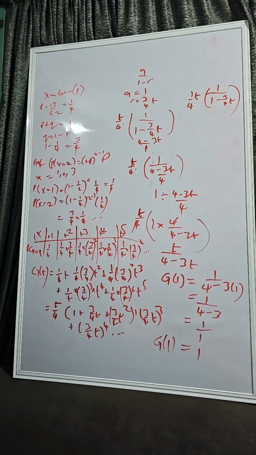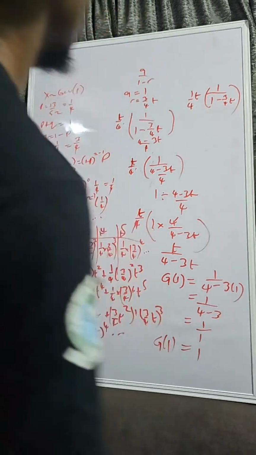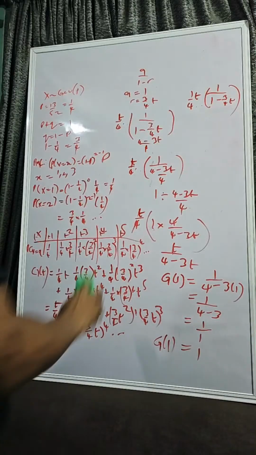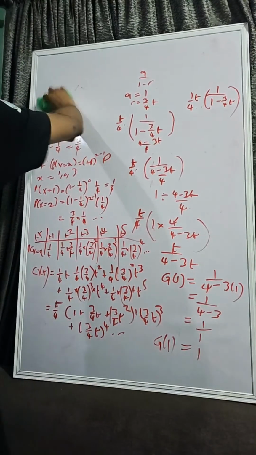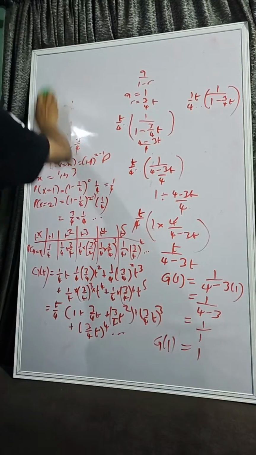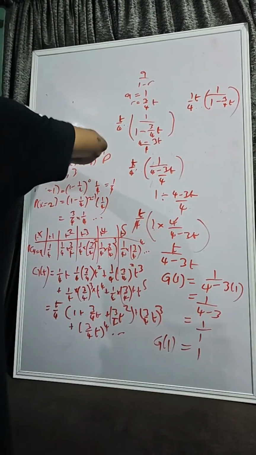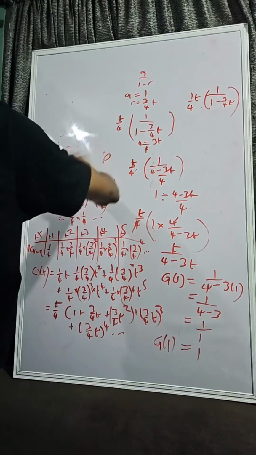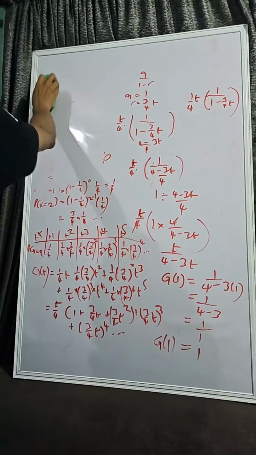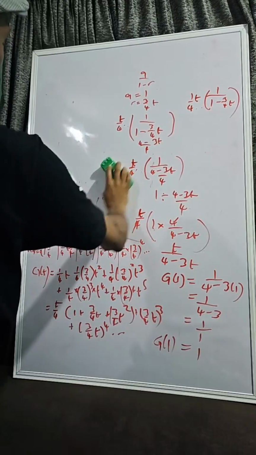Okay, so I think we have corrected that. Even though we are going to end in geometric, we still need to show how we derive our PGF for geometric distribution.